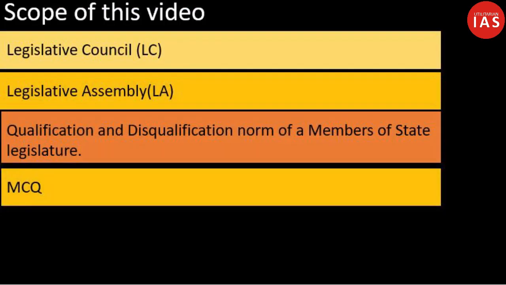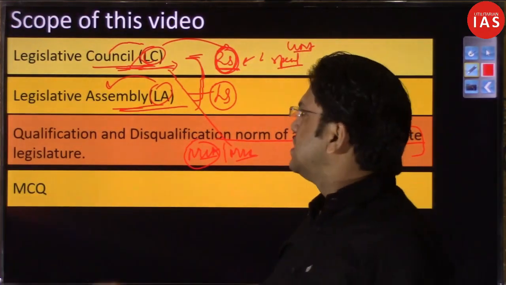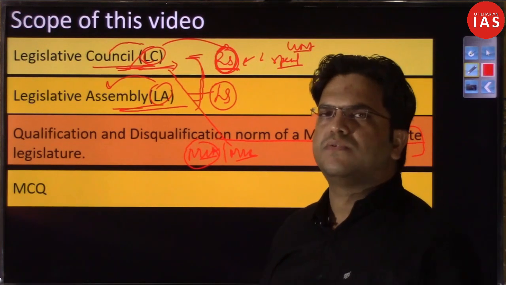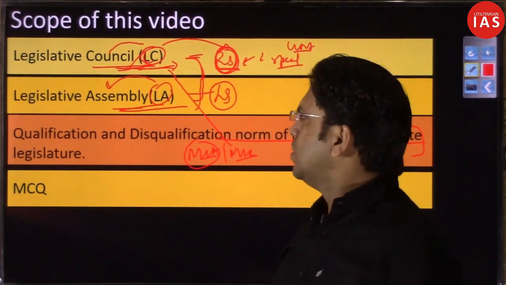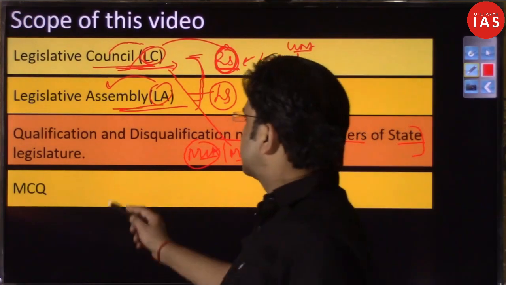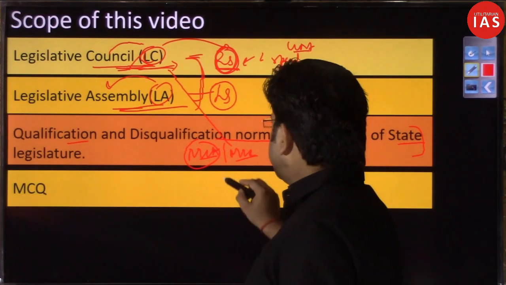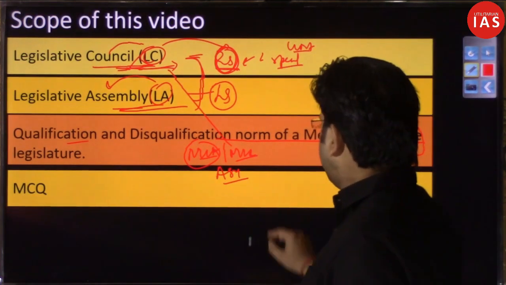So what is the qualification? If any person wants to contest for election either into the legislative assembly or the legislative council, what qualification does he need to have? What age criteria, what citizenship criteria, is there any educational qualification? See, the qualification norms mentioned in Article 84 at the central level, that we discussed.